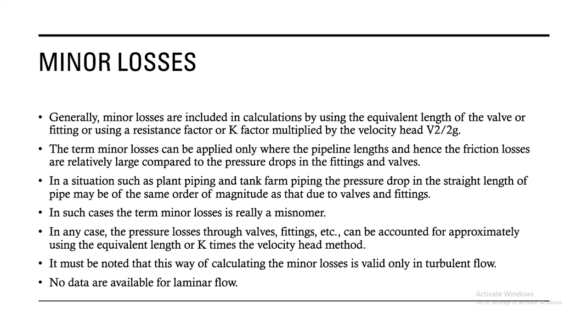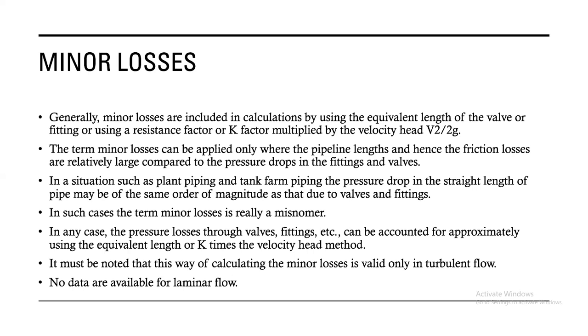In a situation such as plant piping and tank farm piping, the pressure drop in the straight length of pipe may be of the same order of magnitude as that due to valves and fittings. In such cases, the term minor losses is really a misnomer, which means it's just a name, but actually they are not minor.